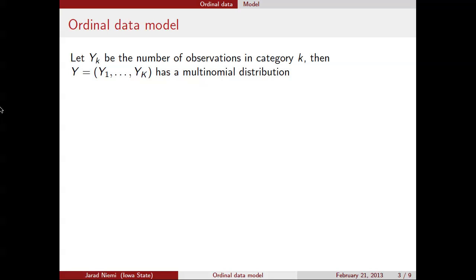Here's the vector y from y_1 up to y_K, and it has a multinomial distribution, where here's the likelihood, at least proportional to the likelihood. p_k is going to be the probability that somebody chooses the kth star rating, and the exponent y_k is just the number of those ratings that existed.